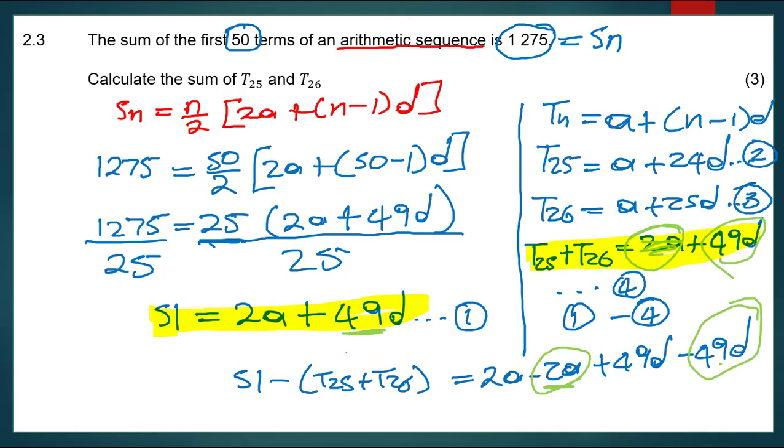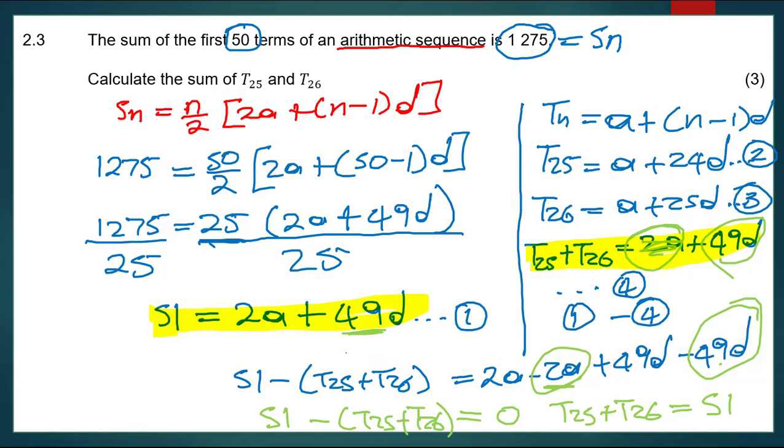You will notice that the right-hand side will just give us 0. When you transpose 51 to the other side, T25 plus T26 will be equal to 51. It was negative 51, but then I divided by negative again. That's why it gives me 51.